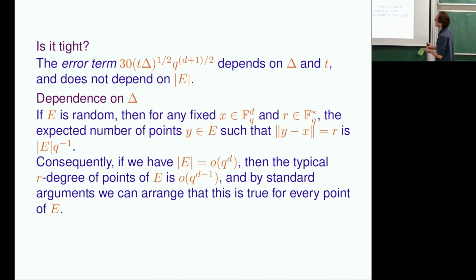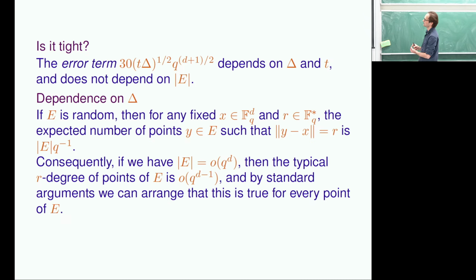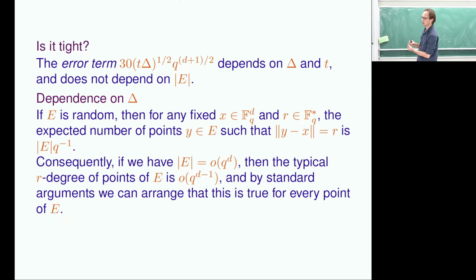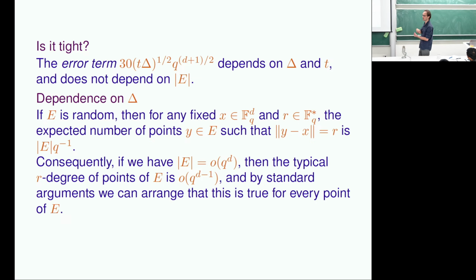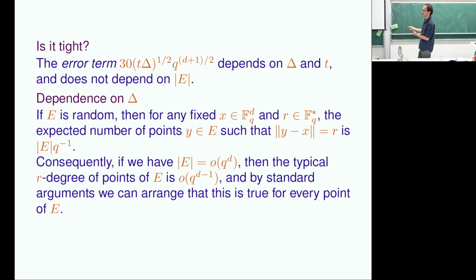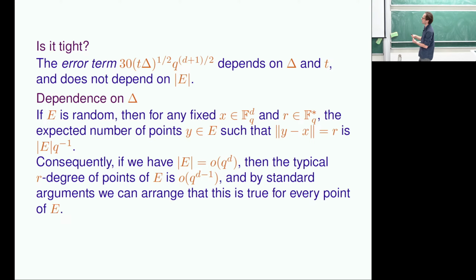So if you take a fixed point x and you take a random set E, then we would expect to have roughly the size of the set divided by q different points at distance r from our point.